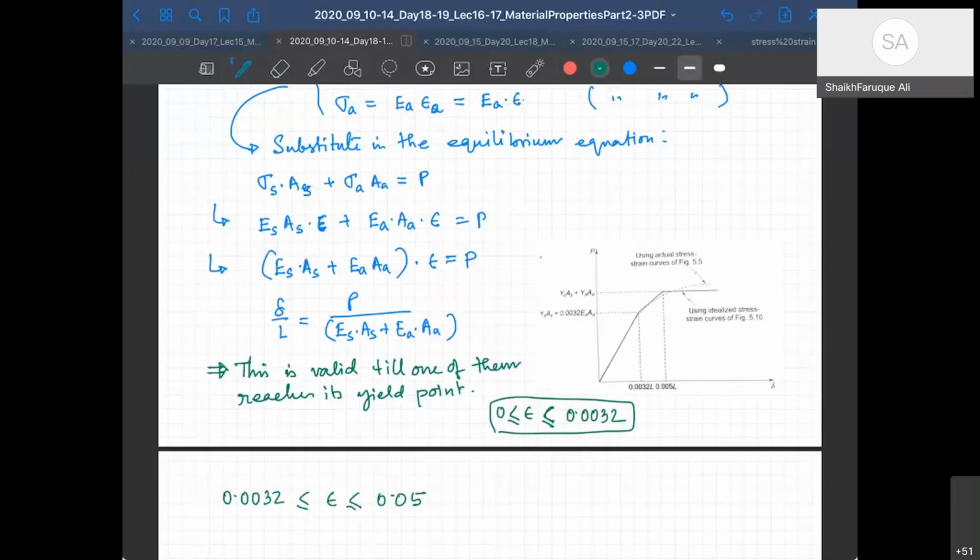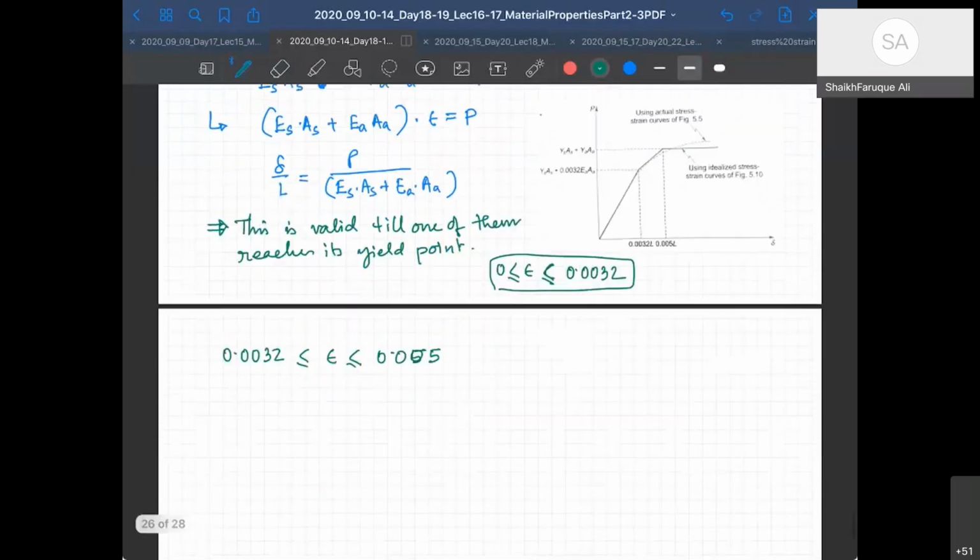Am I correct? 0.05, sorry. In that case, what will happen? Your things are going to change. Your ES is going to go to its limit, and it will not come below the limit.